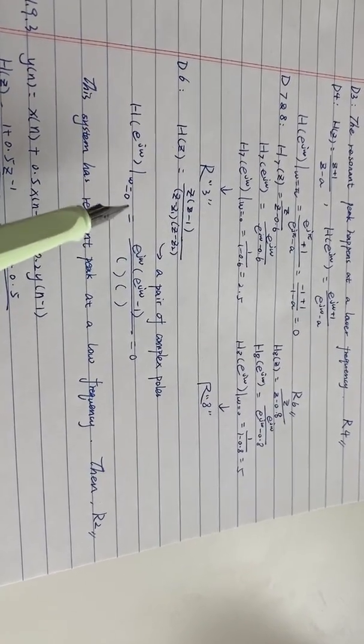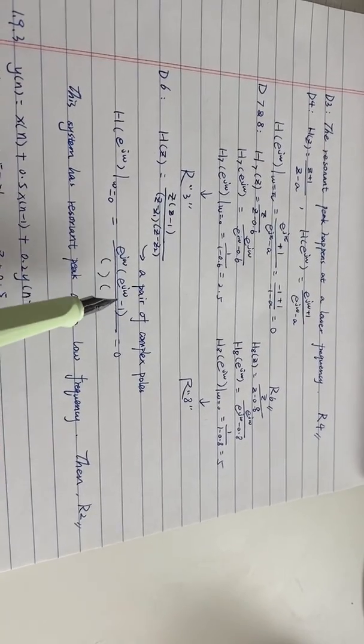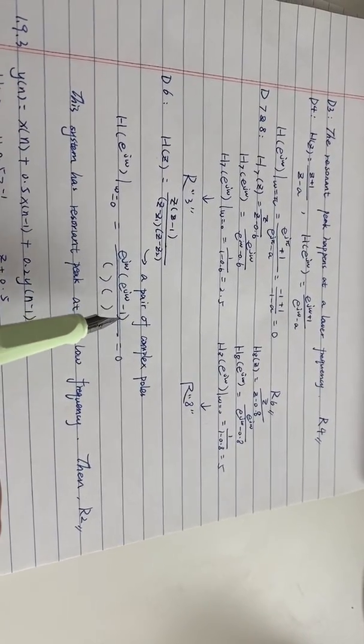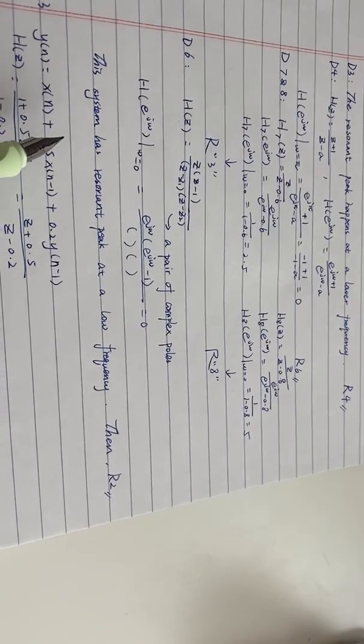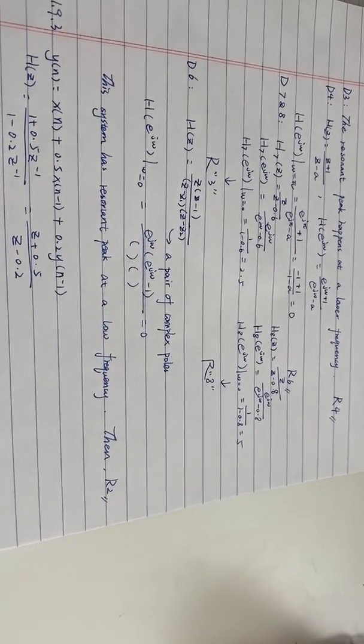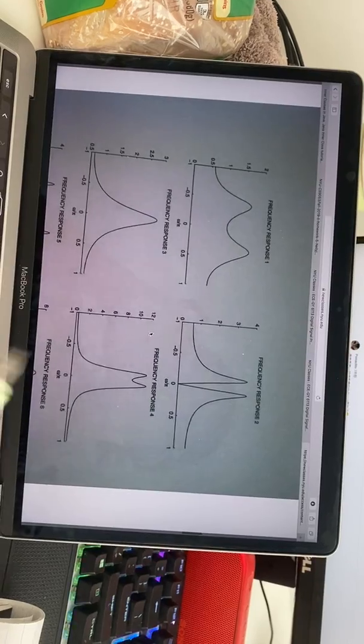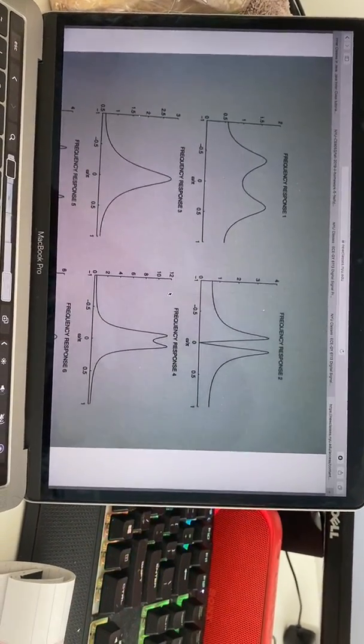When omega equals 0, this H equals 0, because here 1 minus 1 is 0. So this system has a resonant peak at a low frequency, and only R2 remains. So we choose R2 here. So this question has been solved.